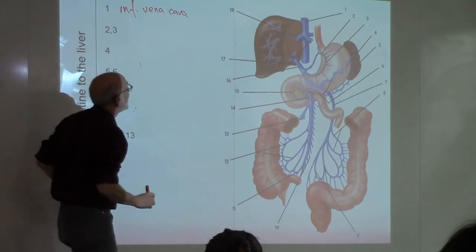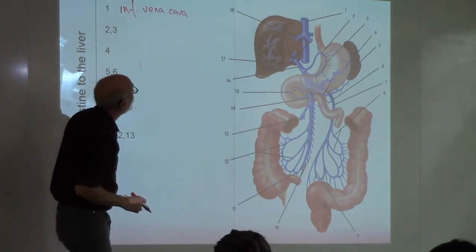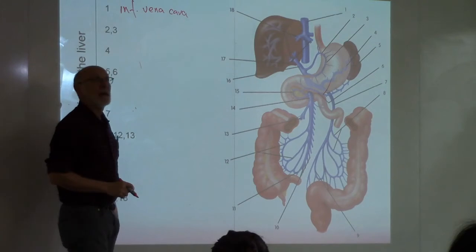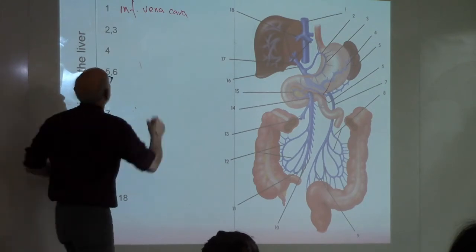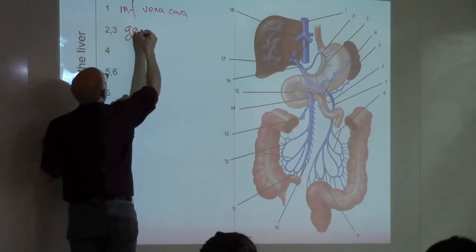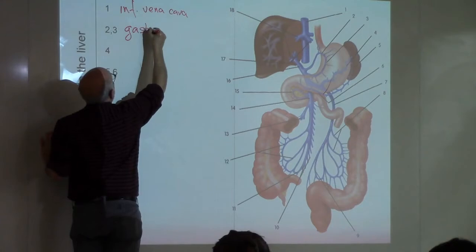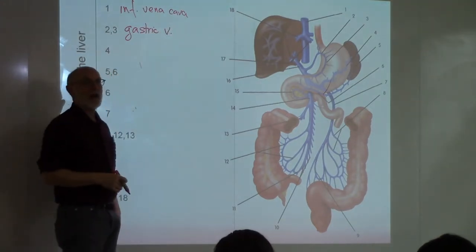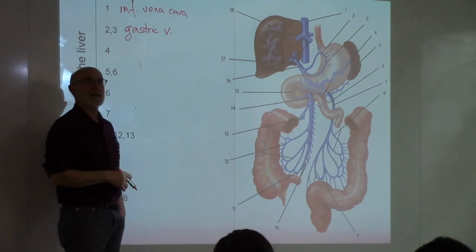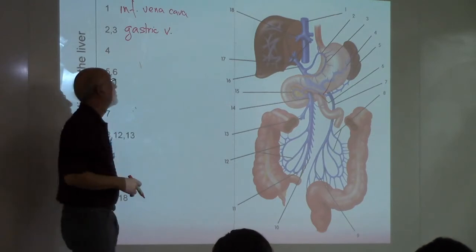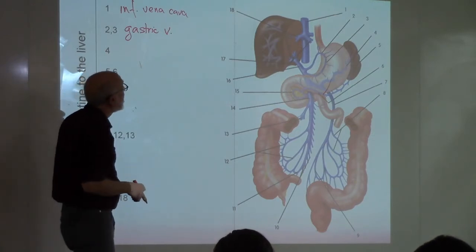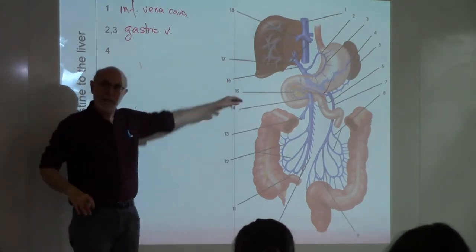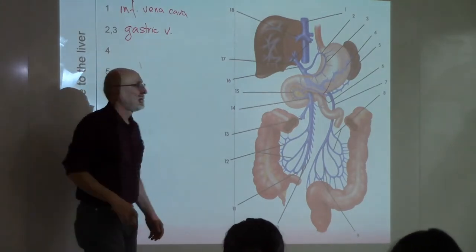Okay, what are 2 and 3? Gastric vein, paralleling the gastric artery. And there's a left and a right. Remember, that's the left side, and this is the right side.